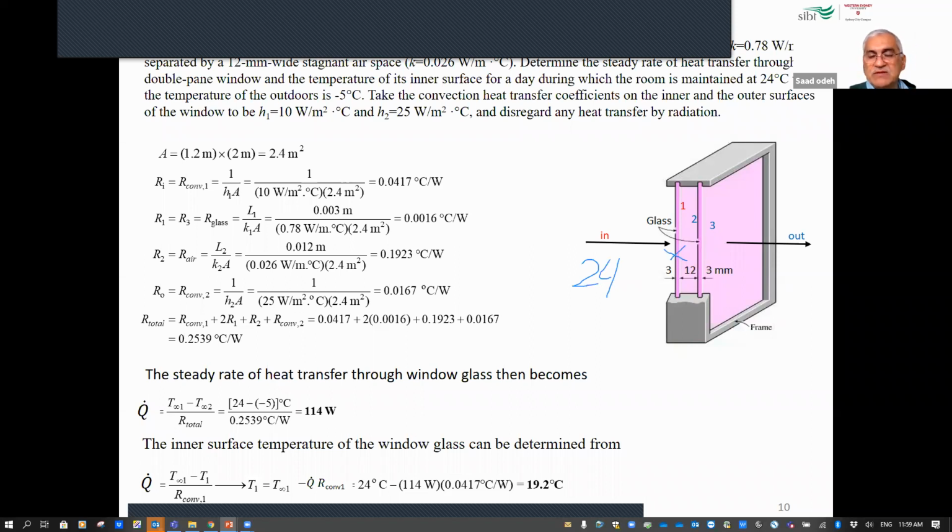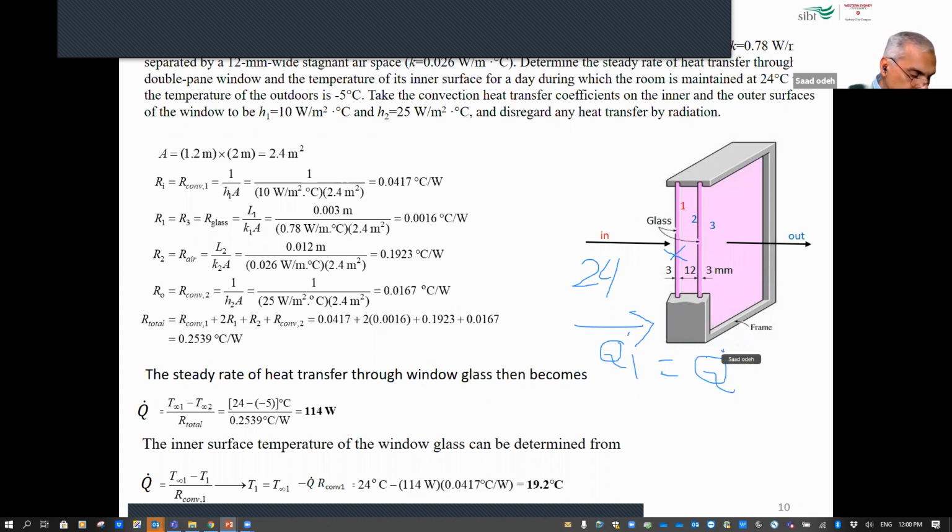It's also possible to find it because we know the R. We will take Q dot in this part, Q dot 1, the first one, which is equal to, of course, Q dot total, because it's the same Q in a series connection. So this is Q dot total.